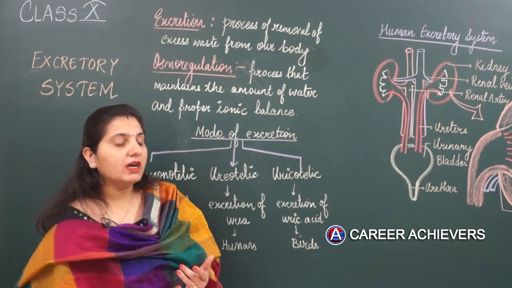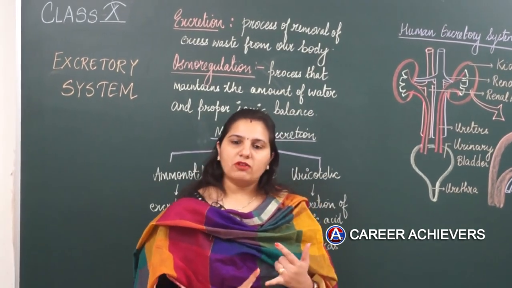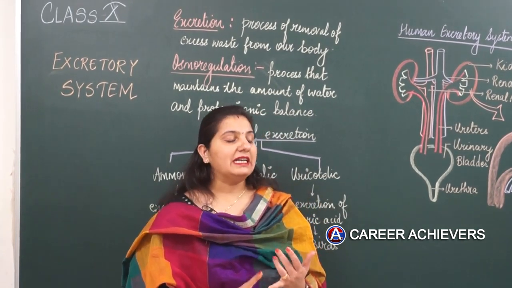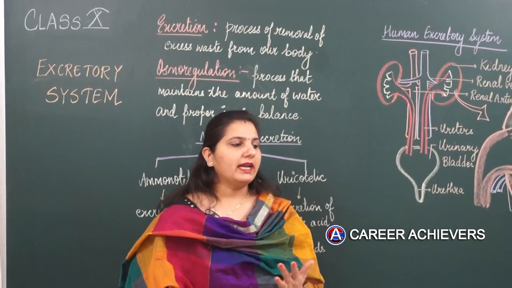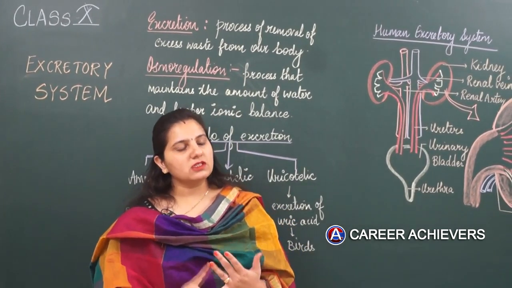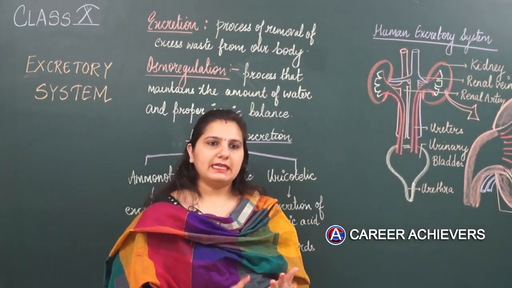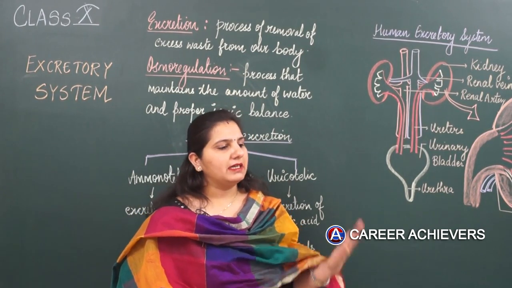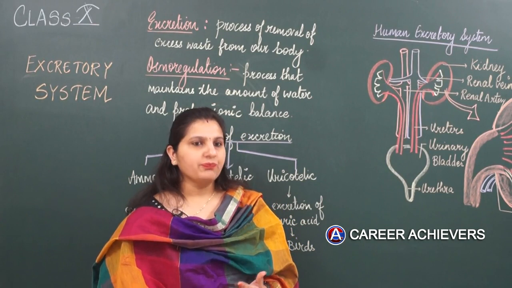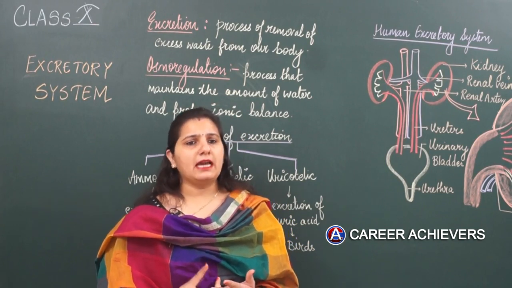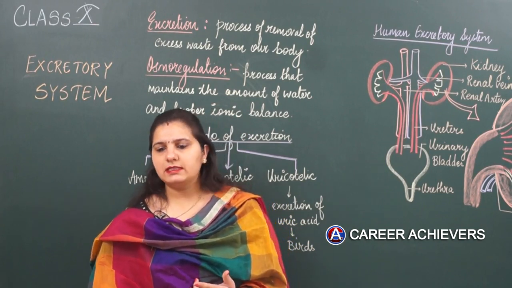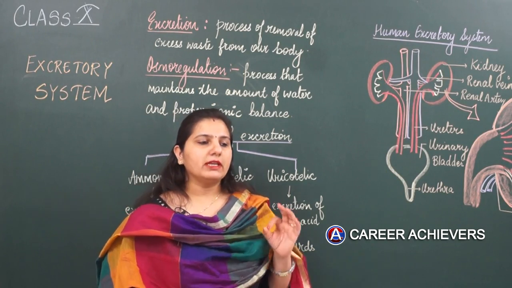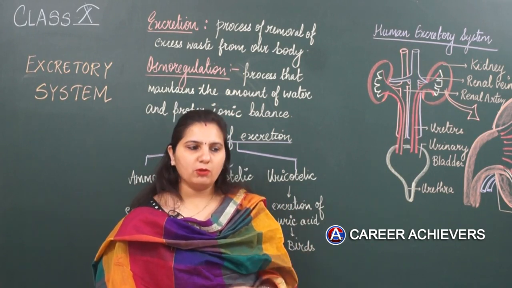Now what are the different functions of excretion? Its function is to remove the unwanted nitrogenous compounds or nitrogenous waste from the body. Second is to remove the toxic chemicals that our body forms after the metabolism of different drugs. It also maintains the ionic concentration or balance in the body fluids and regulates the pH of the body fluid.